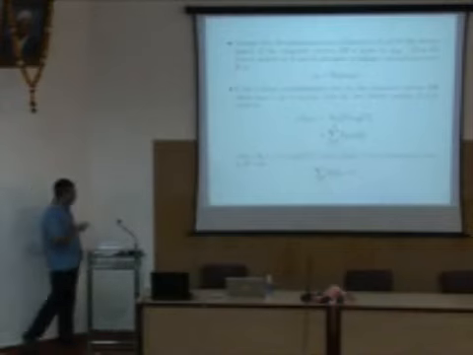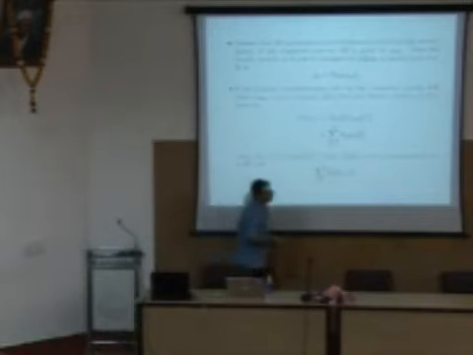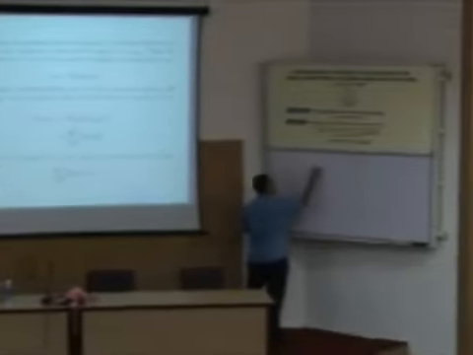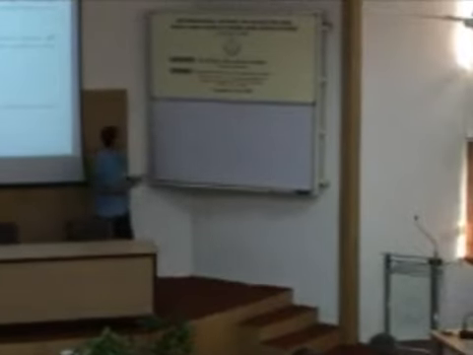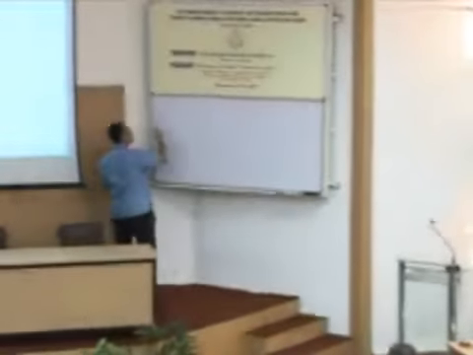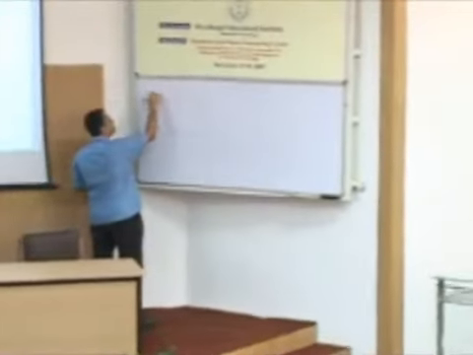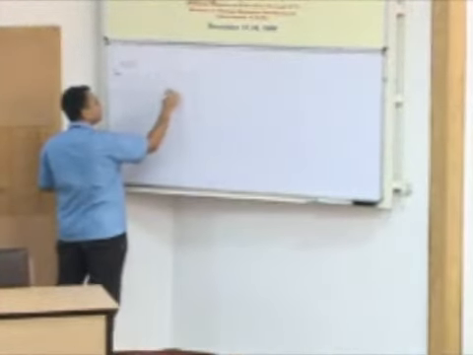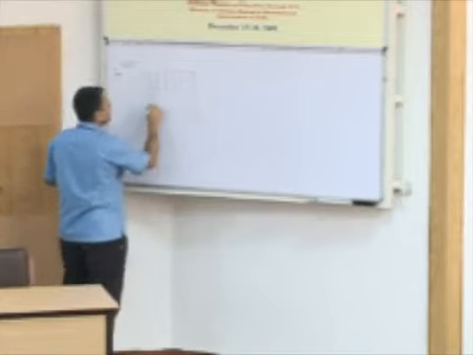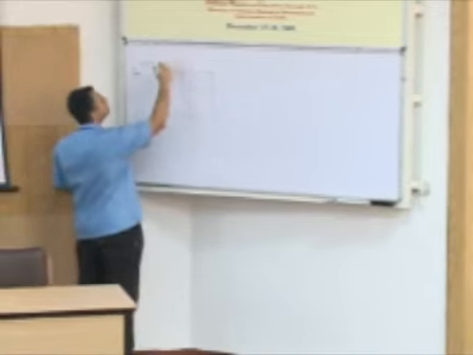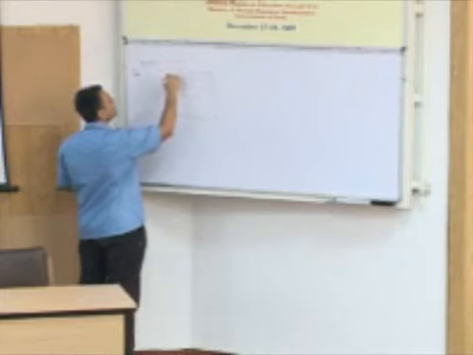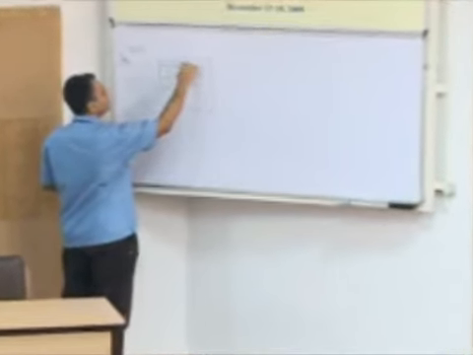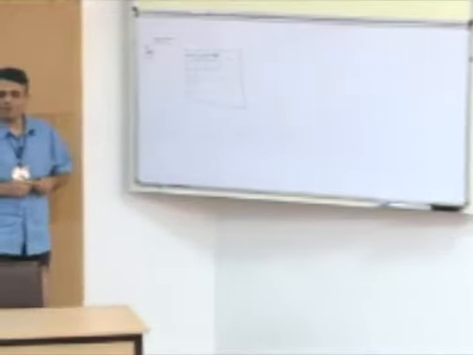Partial trace also has a nice interpretation. If this indicates rho sub AB, and let's say this is an mn by mn matrix, then you can write it as an m by m block matrix, where each block is an n by n matrix.